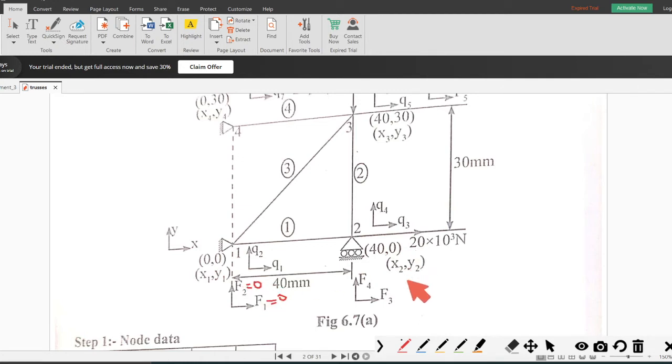What is f3 given? Horizontal 20 kilonewton. Plus or minus? Plus, because along the x direction the force is acting. Reverse is minus. f4 is given? Any force? No, sir. 0.